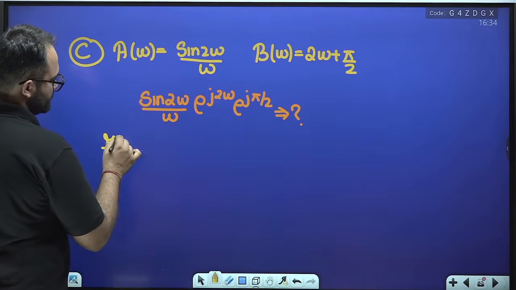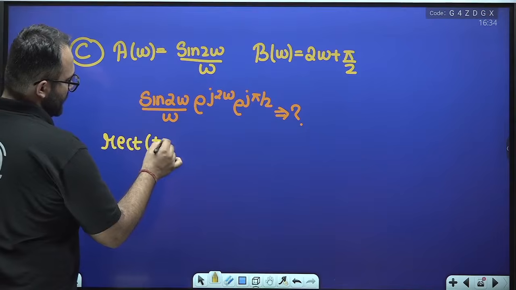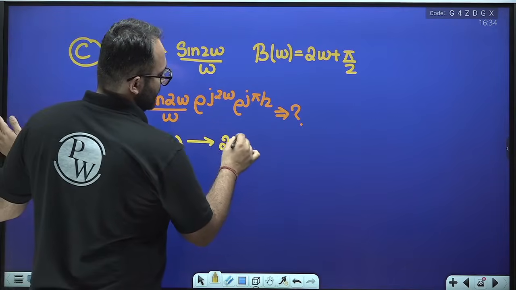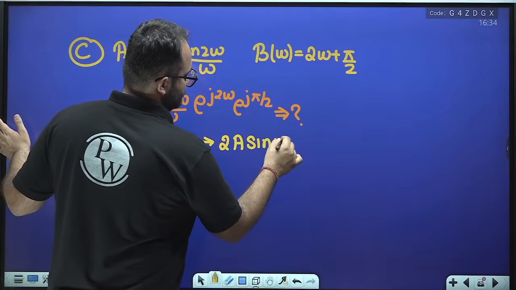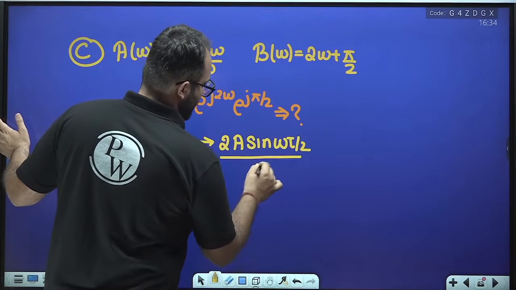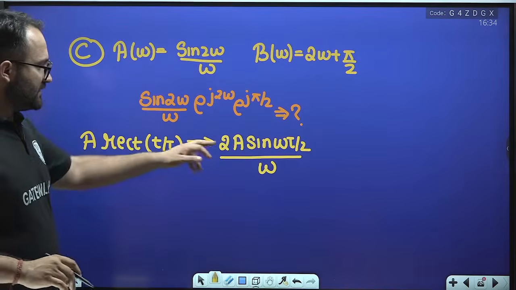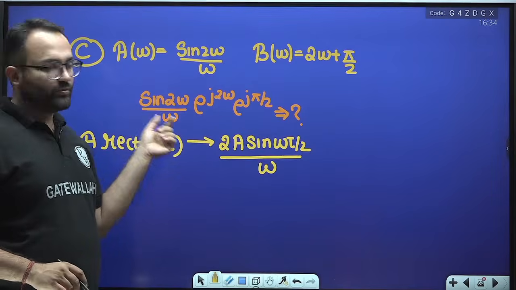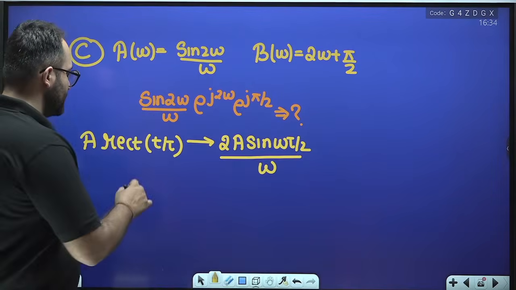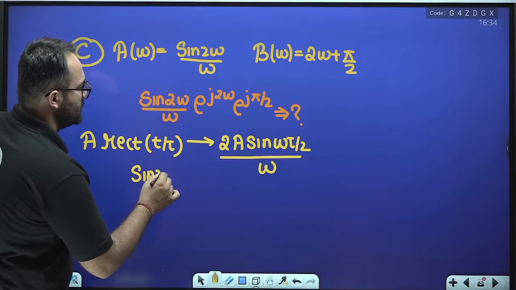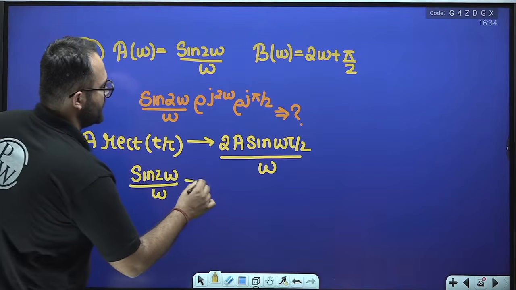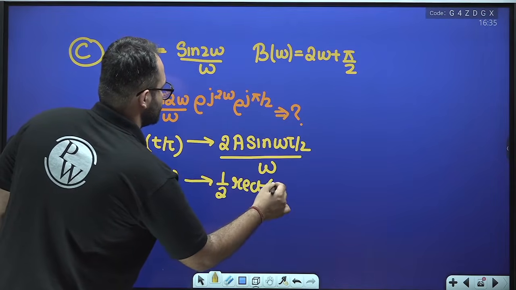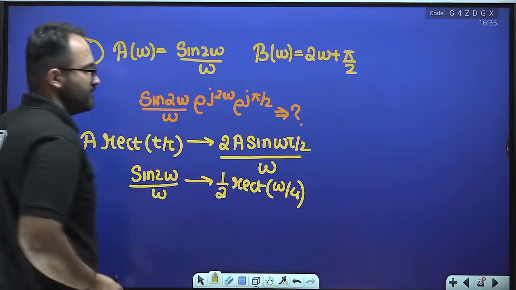So rect of t by tau has Fourier transform 2a sine of omega tau by 2 upon omega. Okay. So we can see that tau by 2 is equal to 2 and 2a is equal to 1. So we can say that sine of 2 omega upon omega will be in time domain 1 upon 2 rect of t by 4. Okay, great.